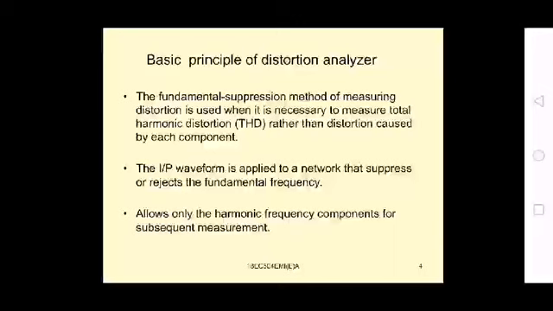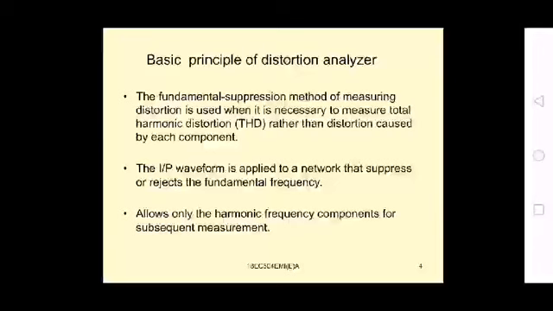We are not measuring the individual distortion of each component separately. Our aim is to find the total harmonic distortion only, the distortion caused by all the harmonic components, by suppressing the fundamental frequency component.